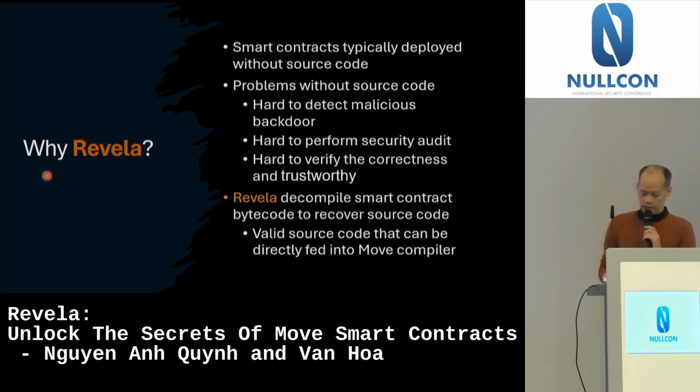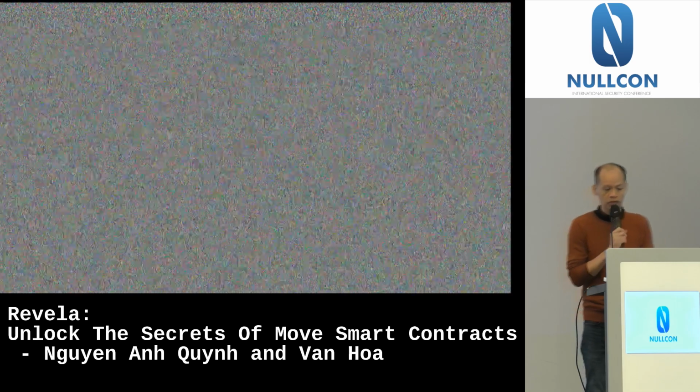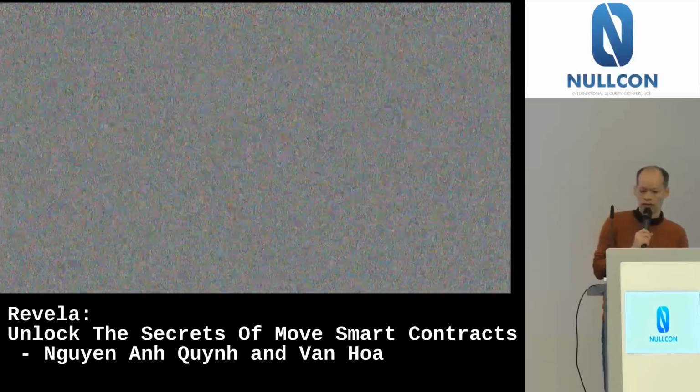But we can see that the assembly code of Move bytecode is very unfriendly, very hard to understand, very hard to analyze. The other thing is that when many projects deploy a smart contract on the blockchain, they only upload the bytecode. They do not upload the source code.